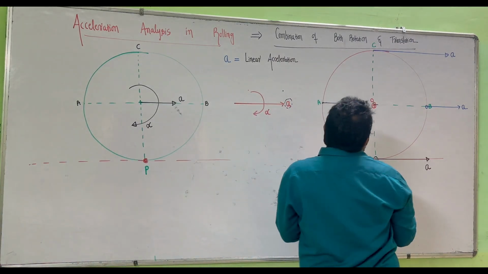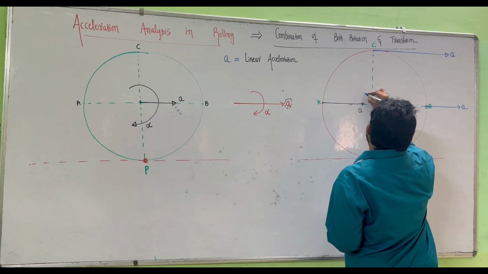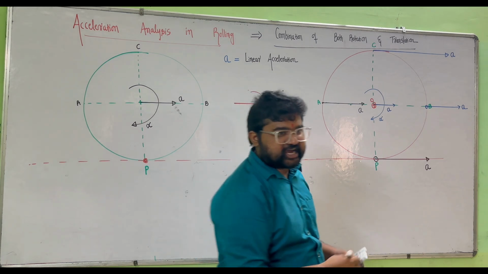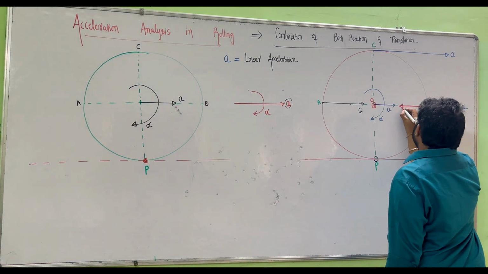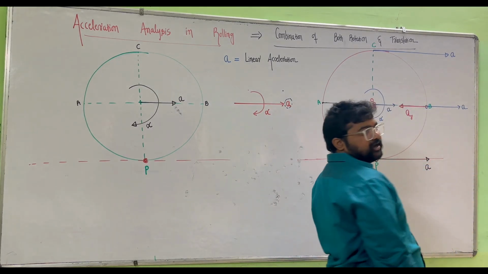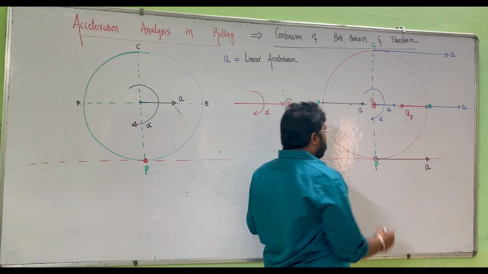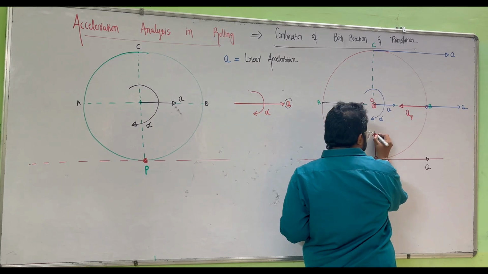Now coming to alpha. This is alpha. So now we need to mark radial acceleration at point B with respect to point O. This is radial acceleration.